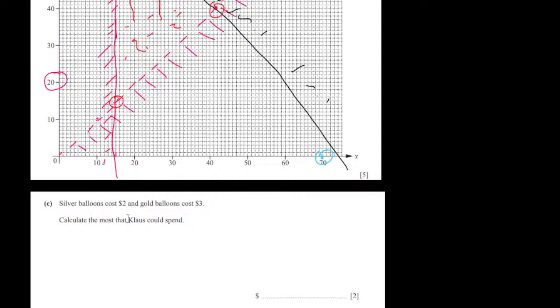So whatever x coordinate you get, you multiply by 2, and the y coordinate you multiply by 3. Okay, and work out the amount; the maximum you get will be the solution.